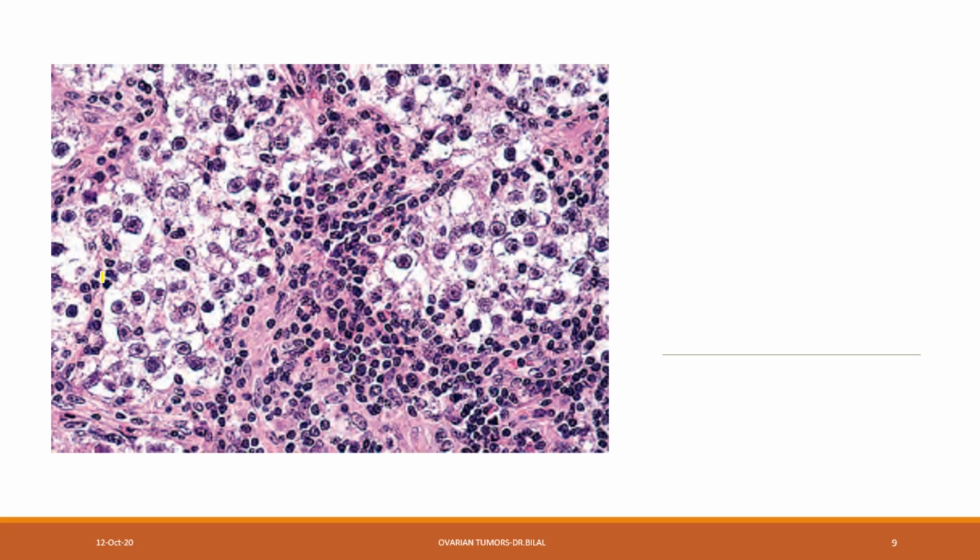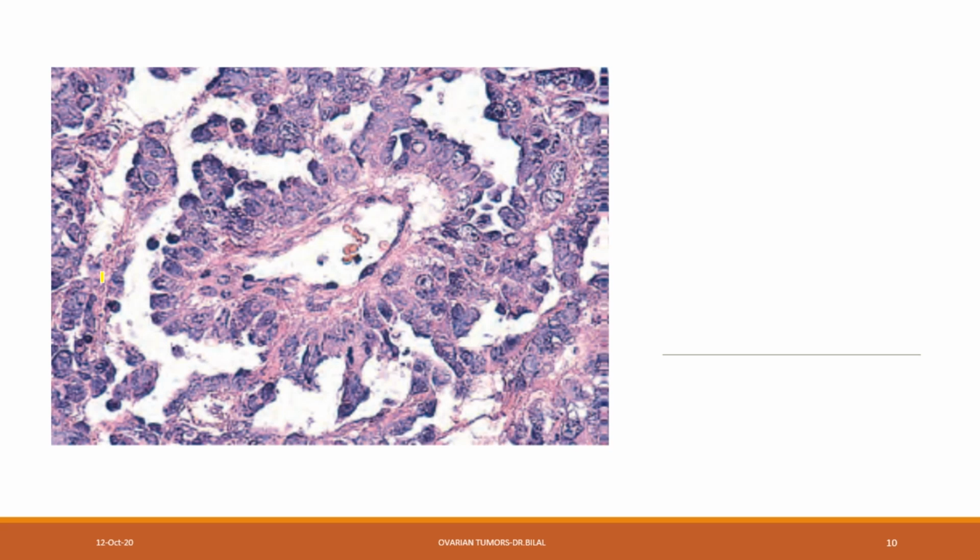There's a lymphocytic infiltrate within the septa, or the tumor is divided into lobules by the septa. Your answer is going to be straightforward, that you're talking about a seminoma. This tumor in the ovary is known as dysgerminoma. So remember, this is the ovarian counterpart of testicular seminoma. And this is how it looks on histology.